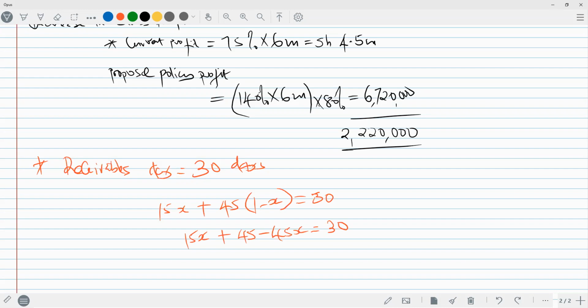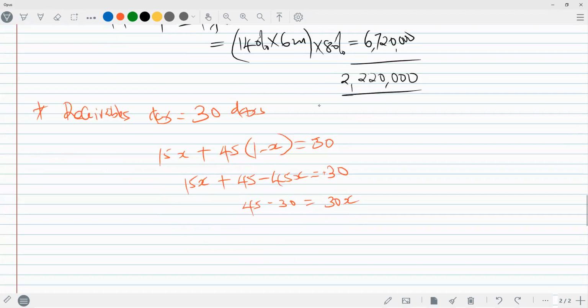The plus 45 becomes minus, so 45 minus 30 is equal to 15x minus 45x, which gives a minus 30x. If we take it to the other side, it becomes positive, so 30x. I'm just putting the like terms together.